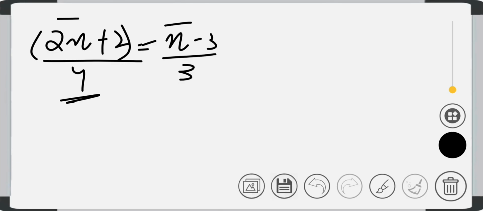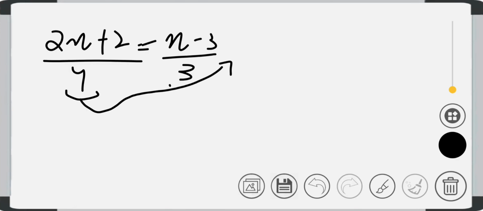What we have to do is first do something about these two. Now 4 over here is dividing this whole expression. So we can transfer this 4 over here and this 3 over here.